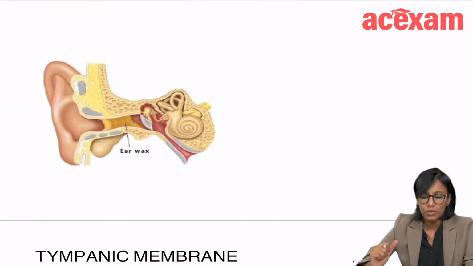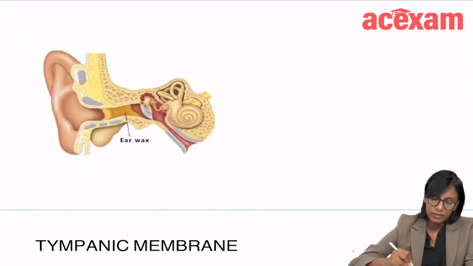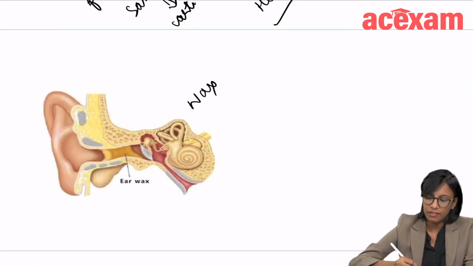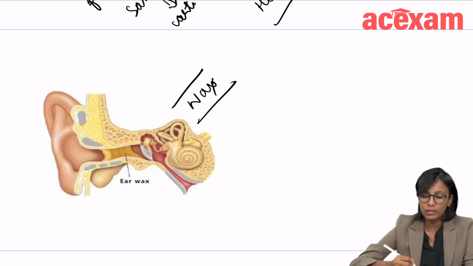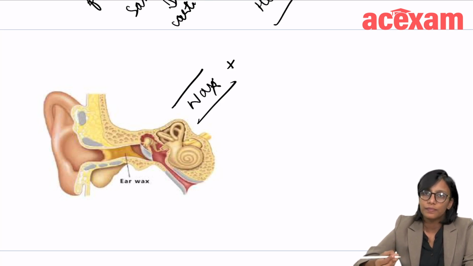Okay. So let's come to earwax. What is earwax? This is a very common term which is used by people. Earwax is a collection of secretions and some material which are found in the external auditory canal.